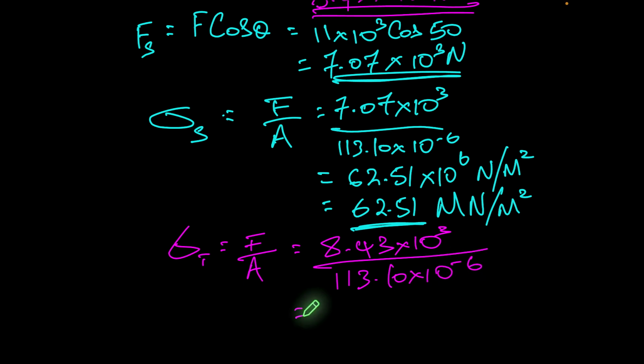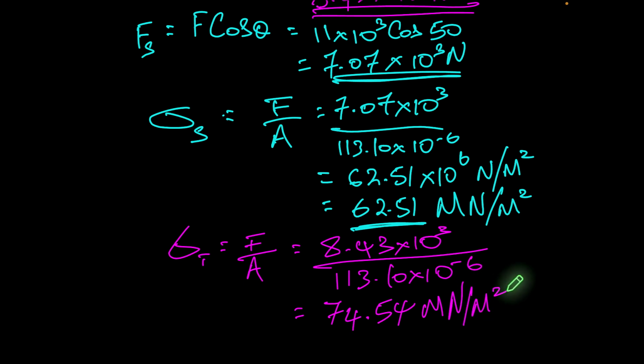The only difference with these two is one of the forces is interacting perpendicular to the area, whereas the other is interacting parallel to the area. So for our tensile stress, I'll just write this in as 74.54 mega newtons per meter squared.